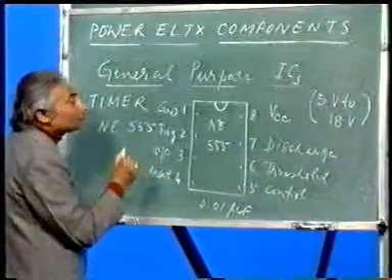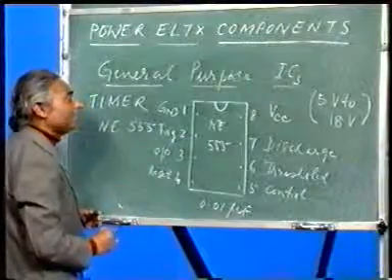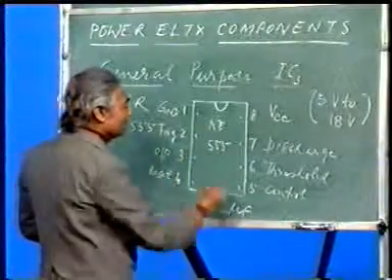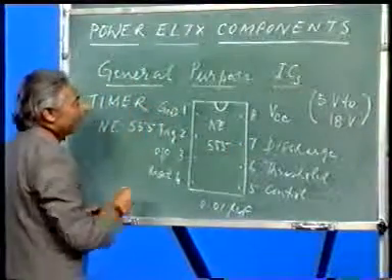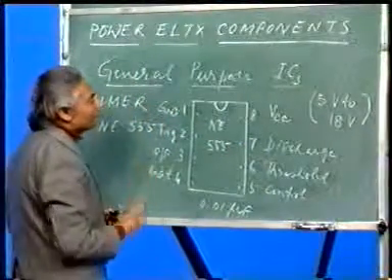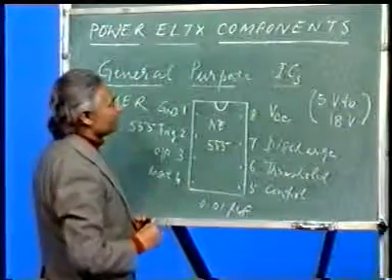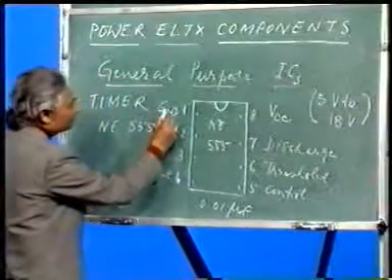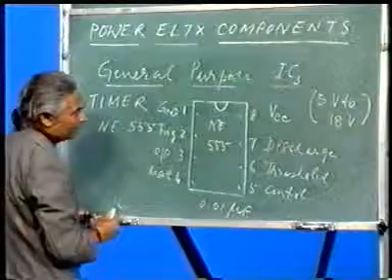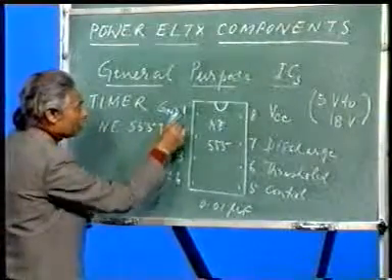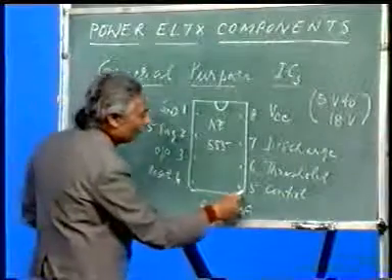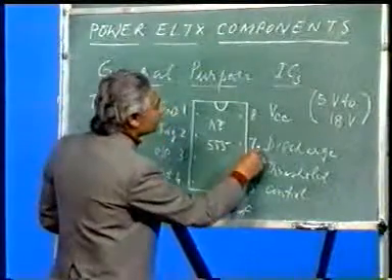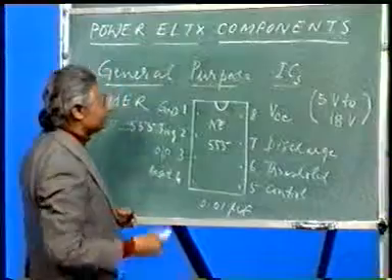When the output is low, usually an external capacitor is connected and it is discharged to make the IC proper in condition. So these are the input signals and the pin configurations. I will repeat: ground is 1, trigger is 2, output is 3, reset 4, control 5, threshold 6, discharge 7, and 8 is VCC.